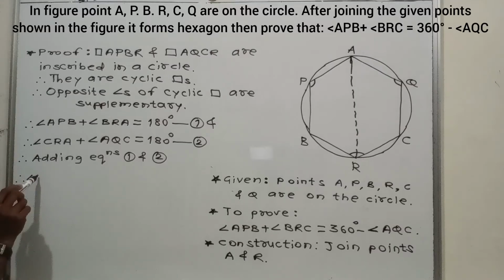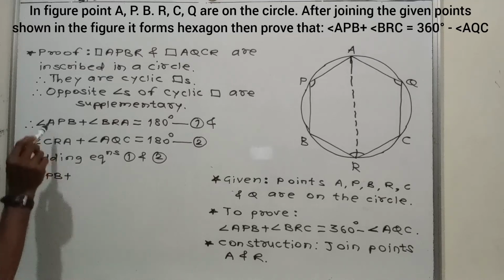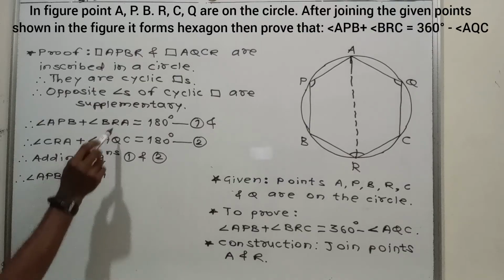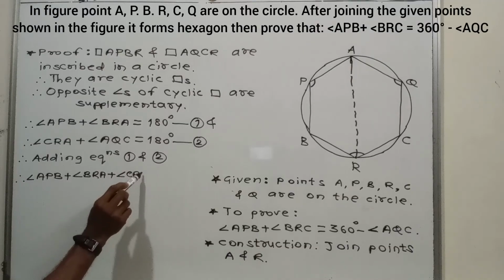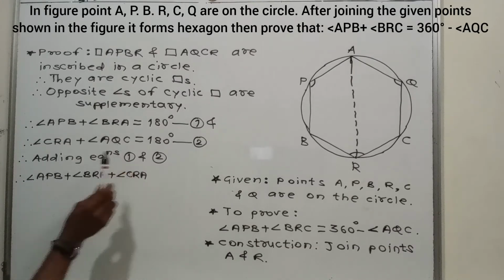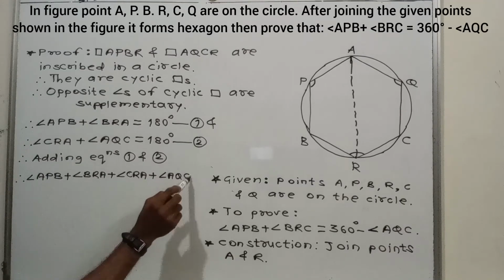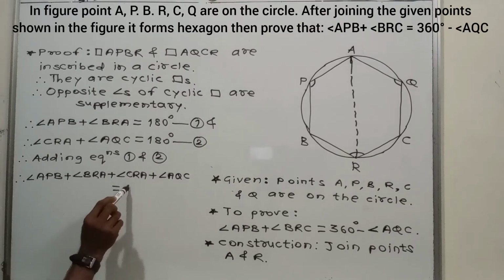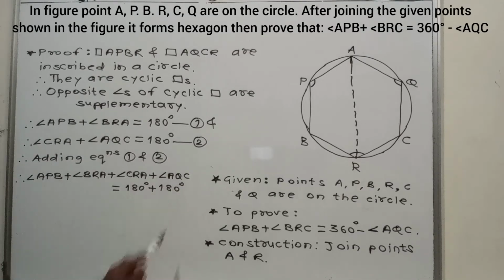Therefore, angle APB plus angle BRA plus angle CRA plus angle AQC is equal to 180 degree plus 180 degree. Did you get it?